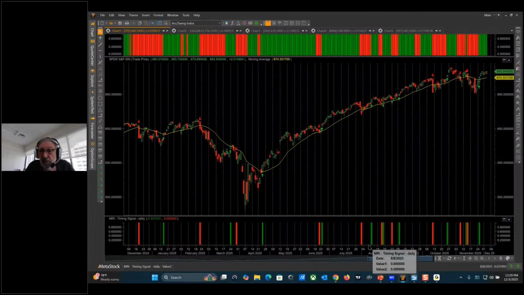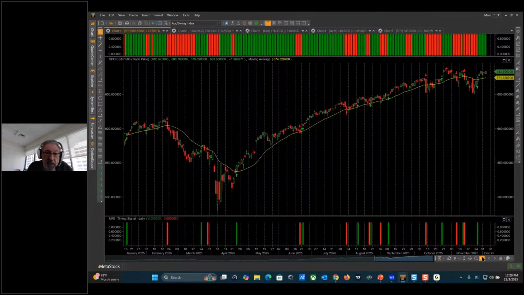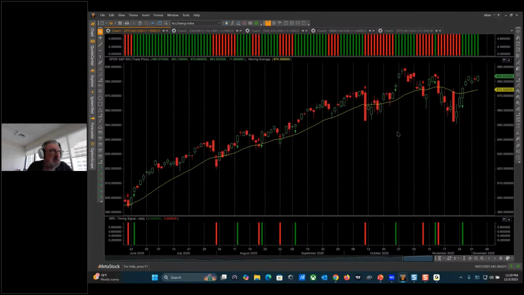So what I do is I look at the evidence that if my weekly timing model is long, then I am focused on the long side. When my daily timing model starts going short, and it will occur throughout that uptrend, I start to lighten up positions. I start to tighten stops, take profits, and raise cash.